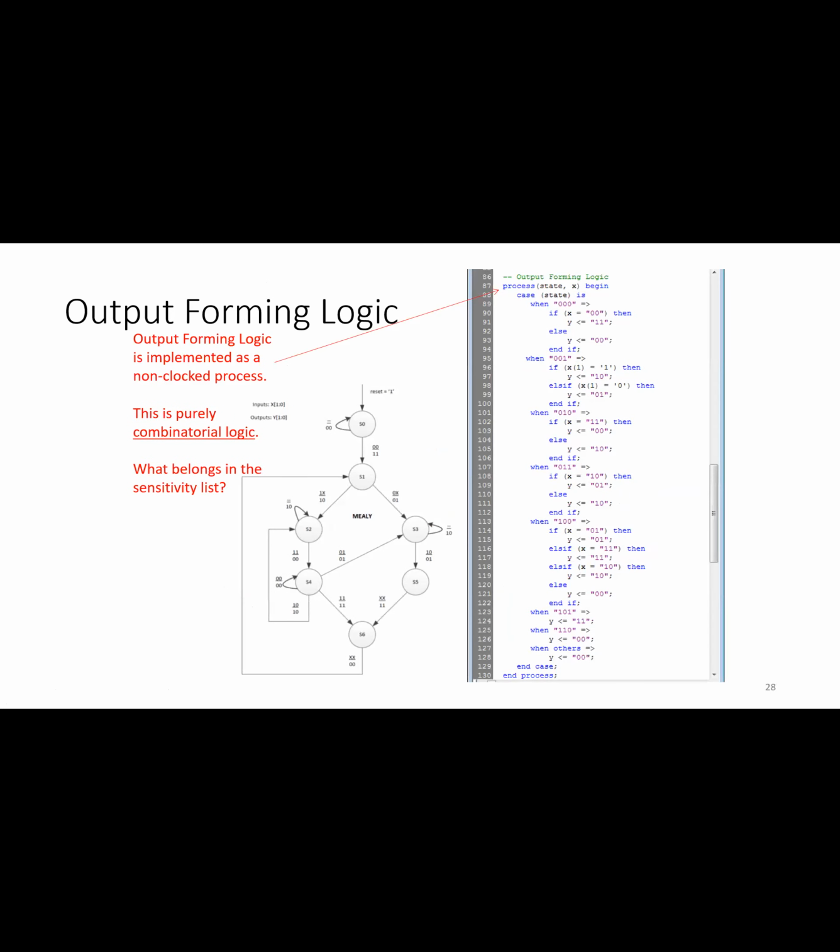But the main difference will be in the output format. As you can see, the process depends not only on the state, but also on X. So here, I rely on the state and X to determine the output. Output Y will depend on the state and X.